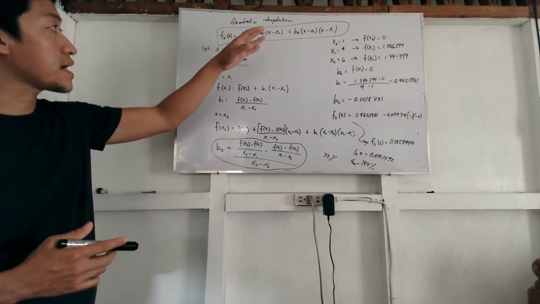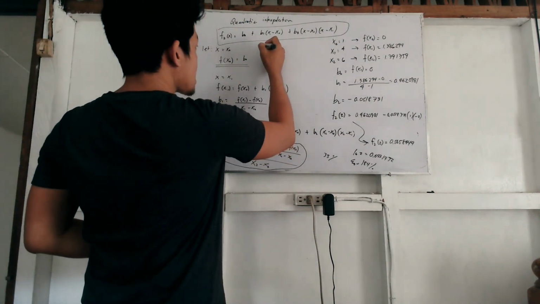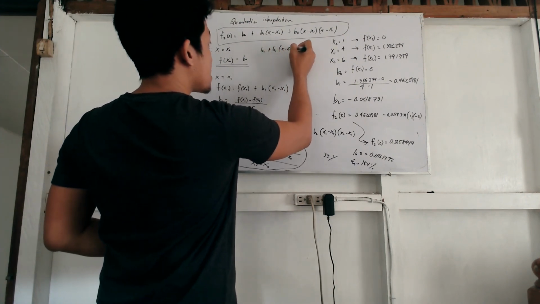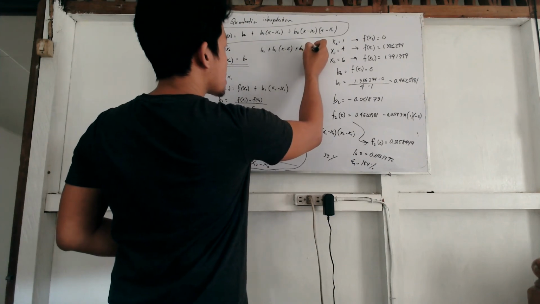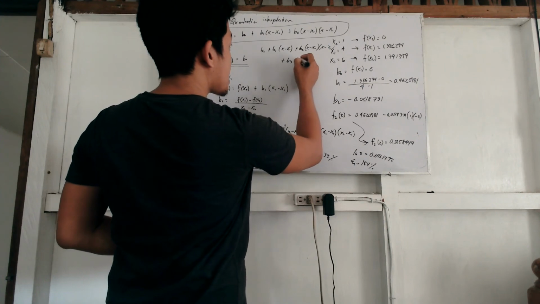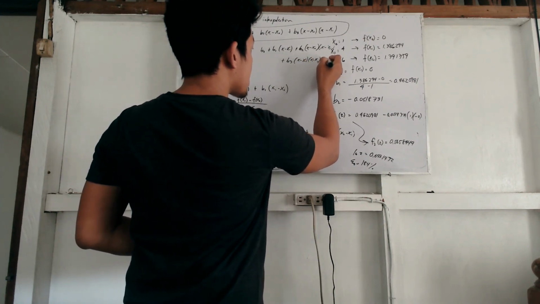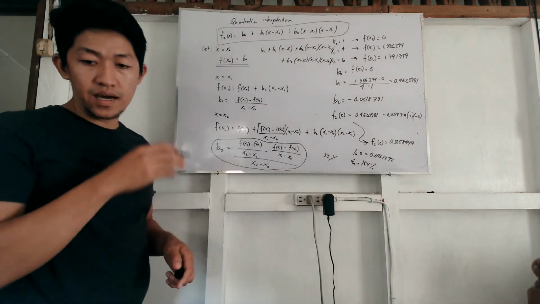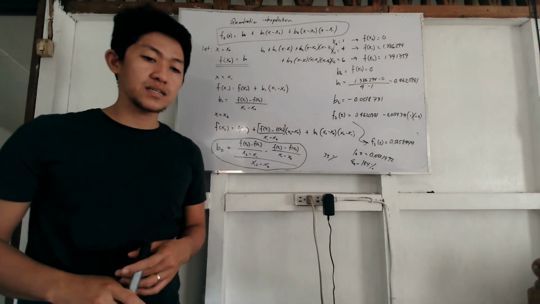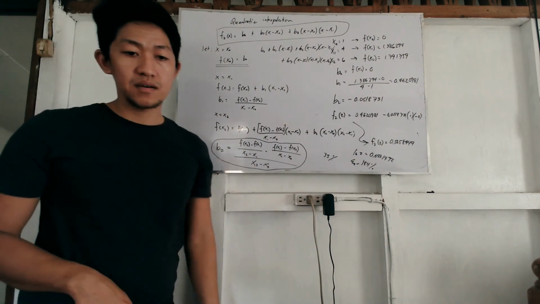Now, if you will apply a third order interpolation, then you add b1 plus b2 plus b3 times x minus x2 and so on. Okay, and then the next step is to determine the value of these variables.